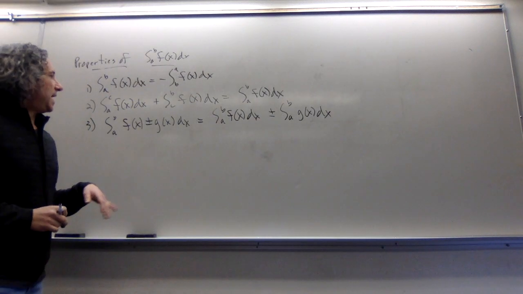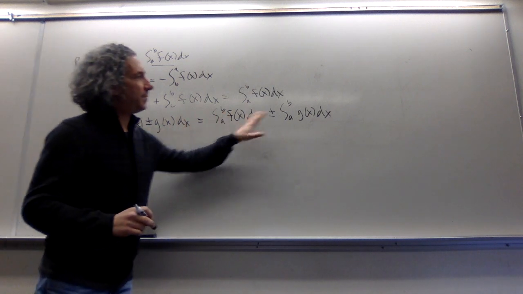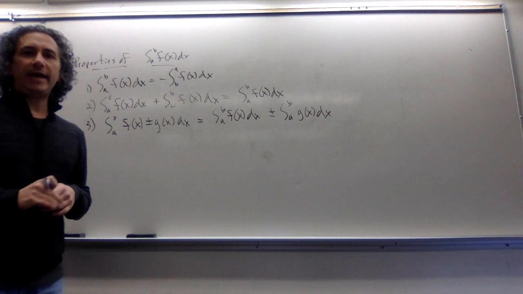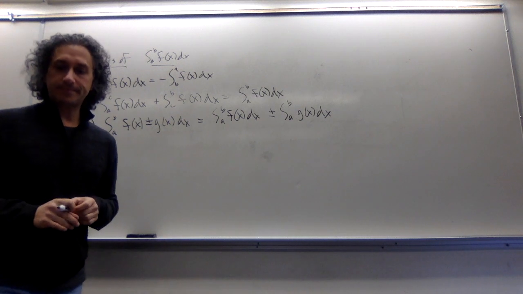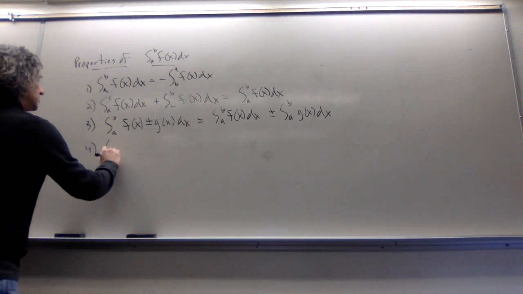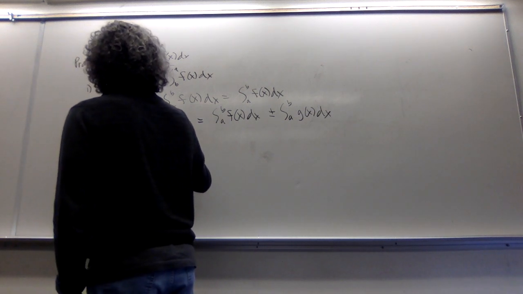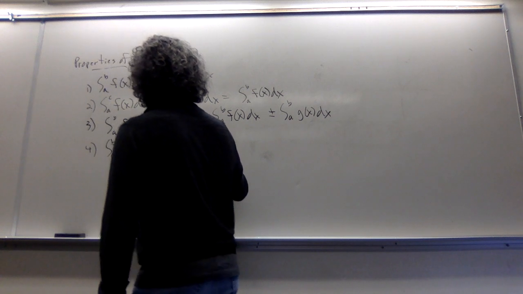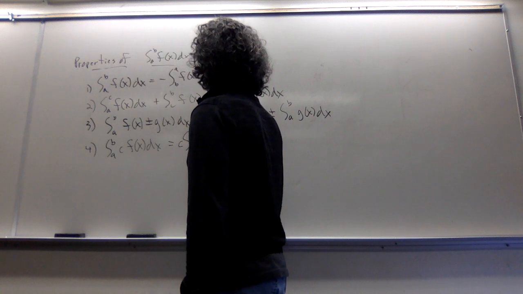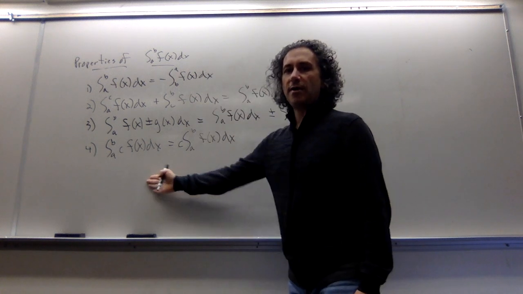In other words, if you have a complicated function here and you need to integrate it, you can just break it up into the smaller pieces and deal with them piecewise. We also said that the integral from a to b of c times f of x dx is equal to c times the integral from a to b of f of x dx. In other words, we can just pull the constants out.